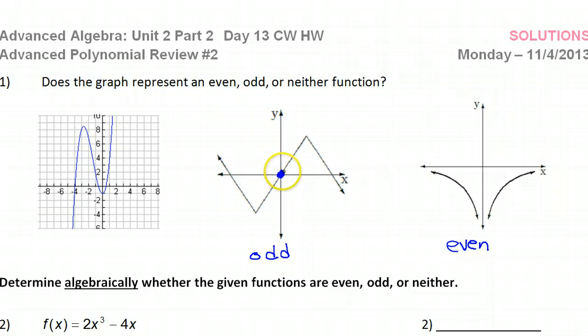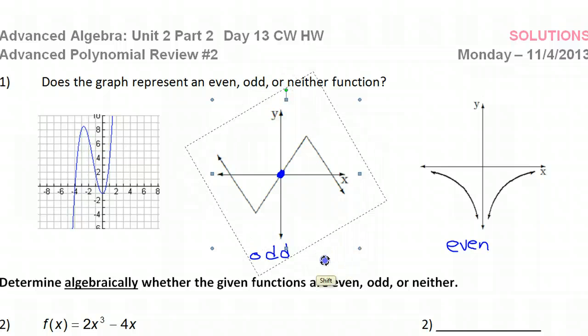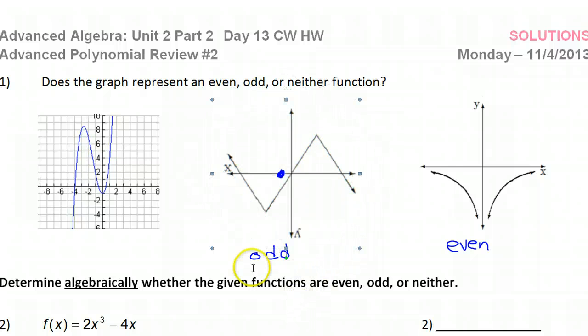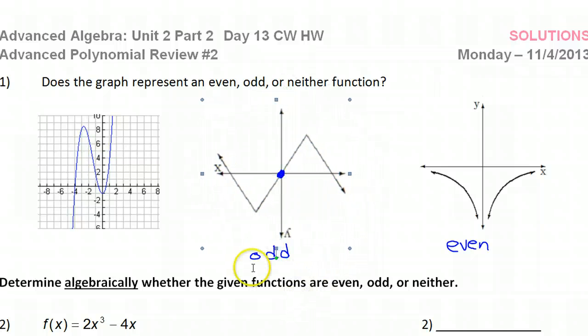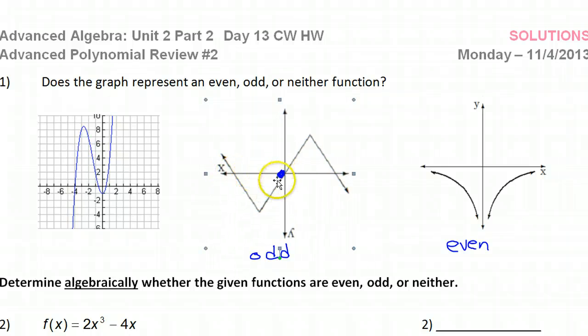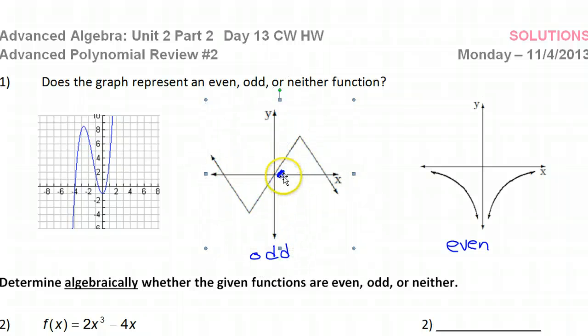If I rotate this graph upside down around the origin, it's going to look exactly the same as it did the other way. Well, you get the idea. Okay, so that's odd. It looks the same upside down, rotated around the origin.